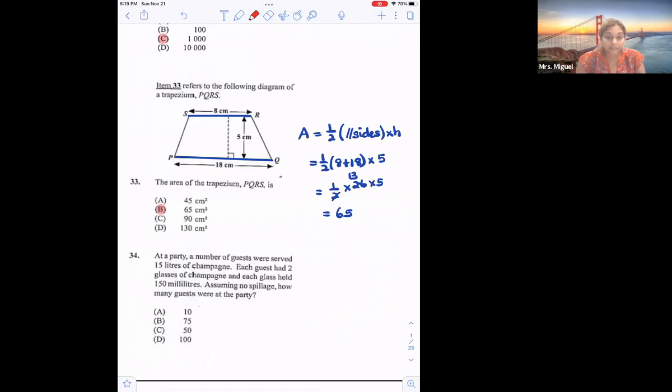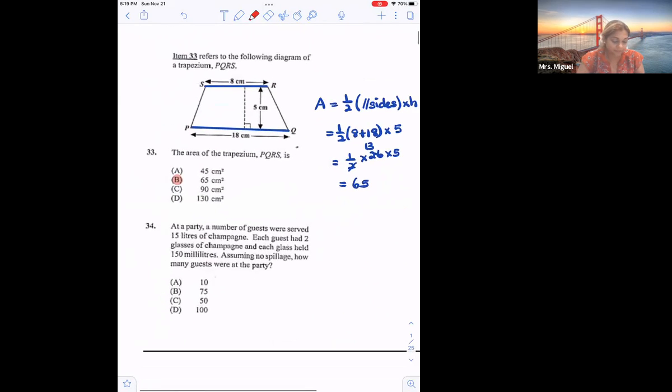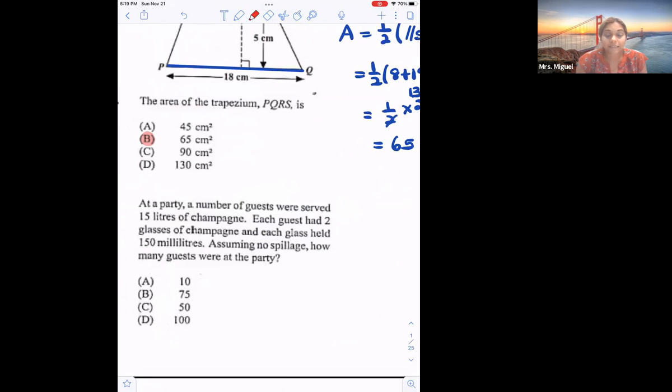At a party, a number of guests were served 1500 liters of champagne. A guest had 2 glasses of champagne. So, assuming there were no spillage, how many guests were there at the party?